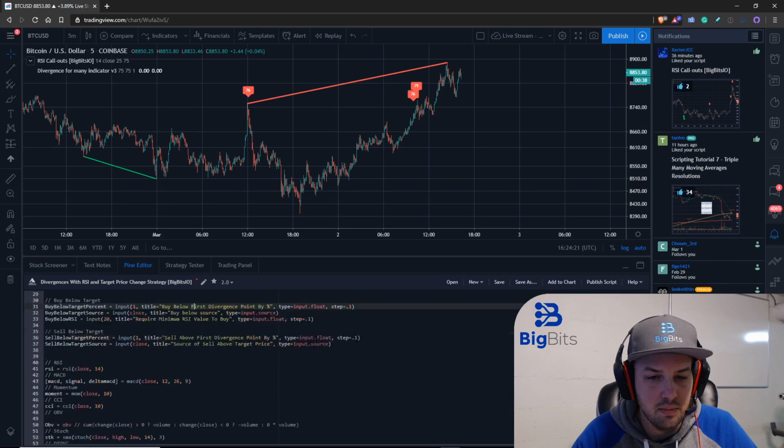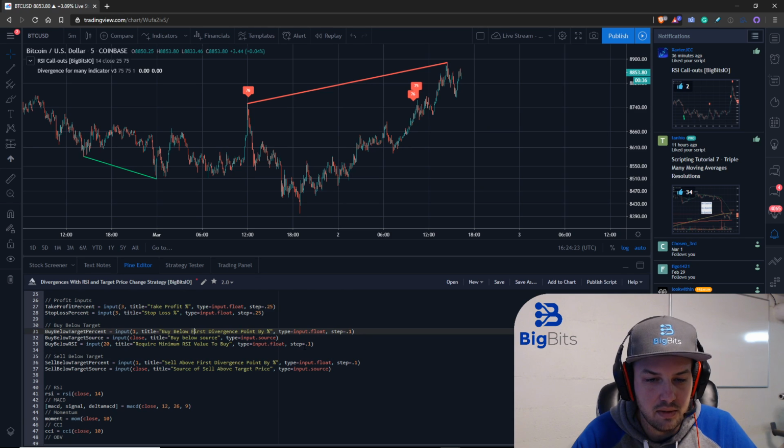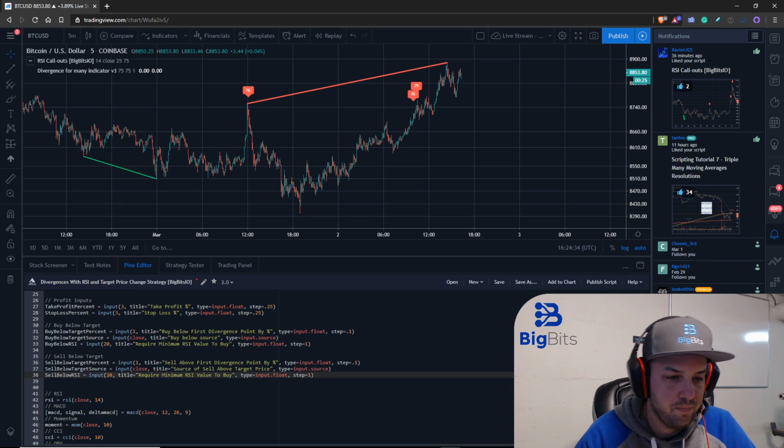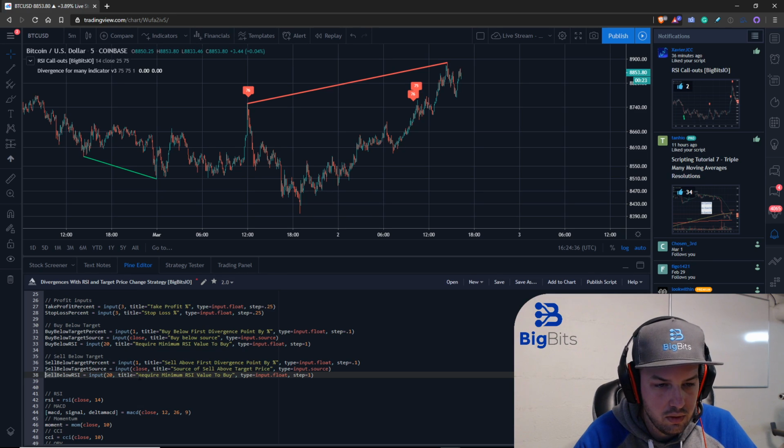All right, that's simple enough, and we'll just copy and paste this. Actually, we're going to set the step to 1 because we're not usually doing a whole lot of points in between on the RSI. So we'll go back and change this to sell. Require maximum value to okay, so this is going to be worded the same way.